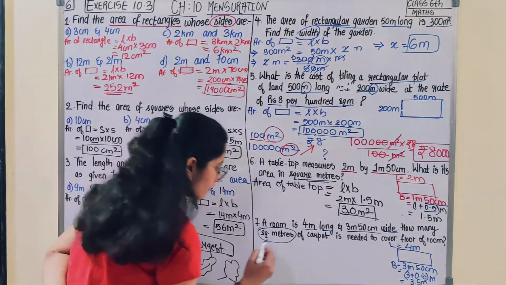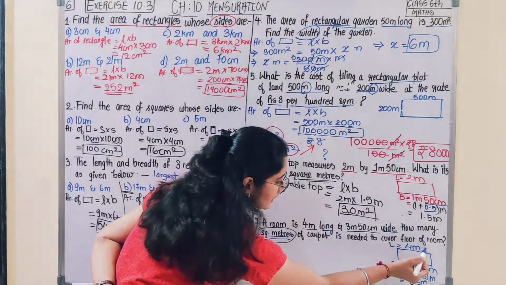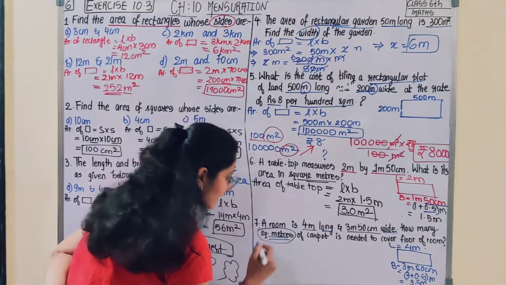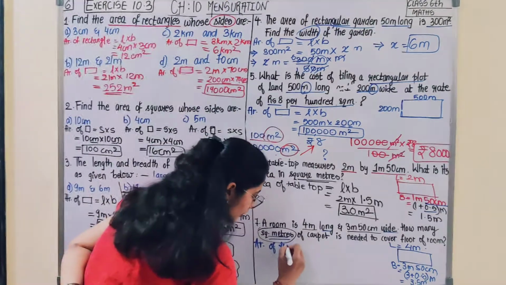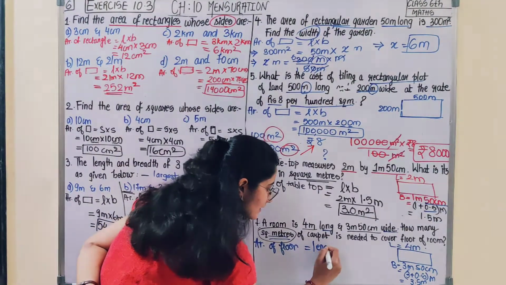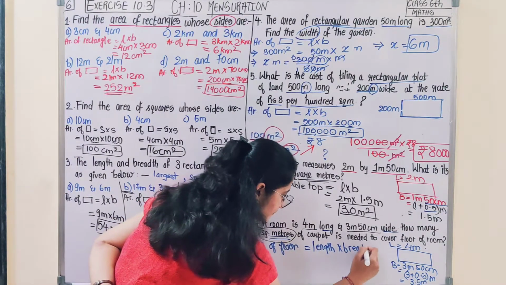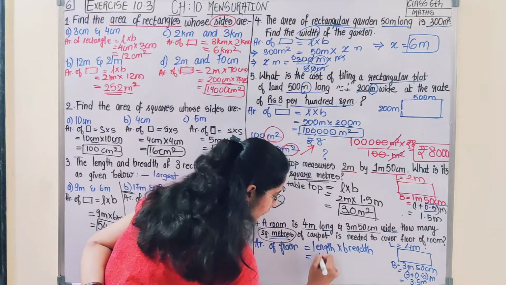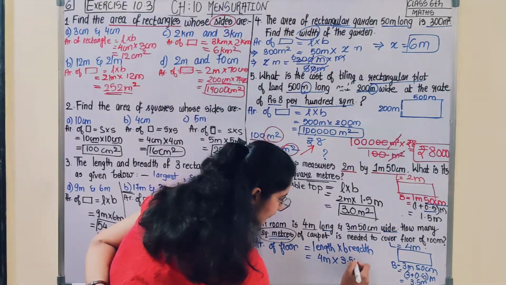Okay, now we have to calculate the area in square meter. We have already converted this to meter, we have length in meter, we can calculate the area. So area of floor or area of carpet required to cover the floor is length into breadth. So what is the length, 4 meter, what is the breadth, 3.5 meter.